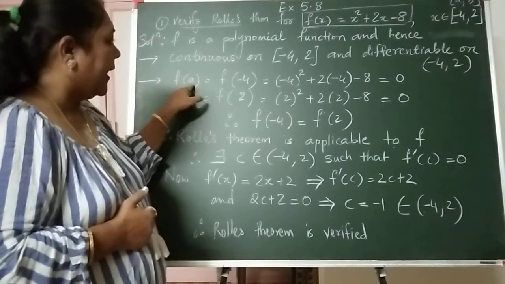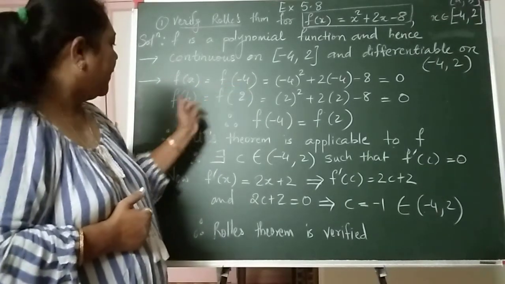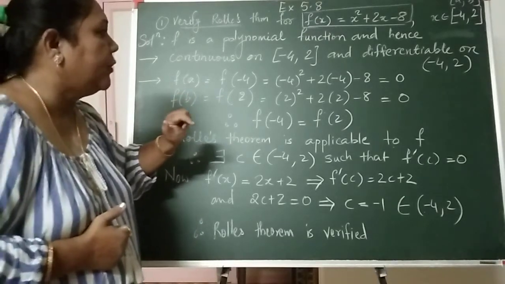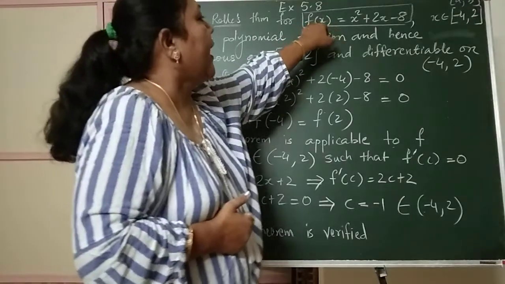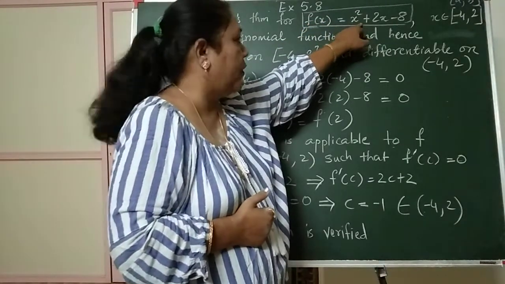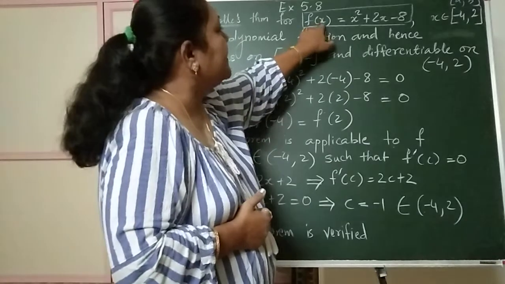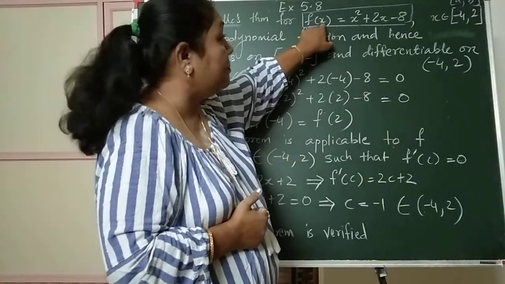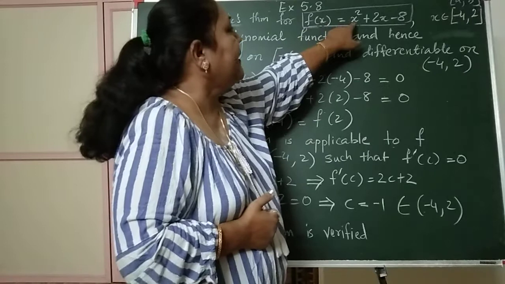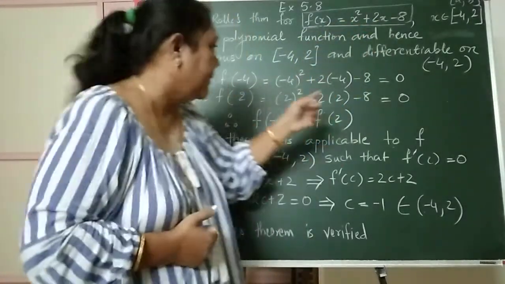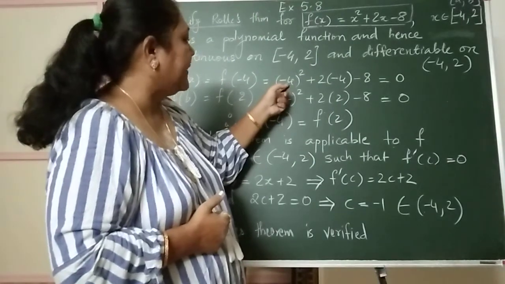Here, in the formula for f of x, if I place minus 4 instead of x, what will the value become? Minus 4 square plus 2 into minus 4 minus 8. So I solved it that way.